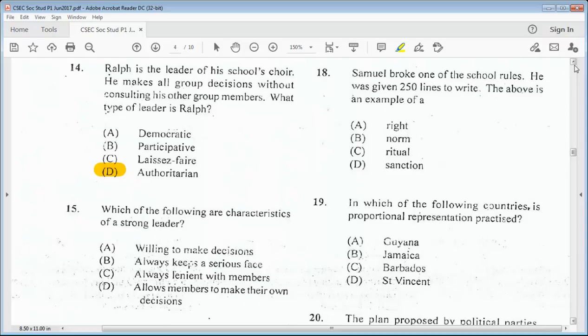If they allow their members to do things and get away with it, then there can be no order and regulations within that group. So C would be out. Allows members to make their own decisions. What kind of group would that be with a leader like that? Absolutely chaotic. So our answer would be A, willing to make decisions. That's a strong leader.